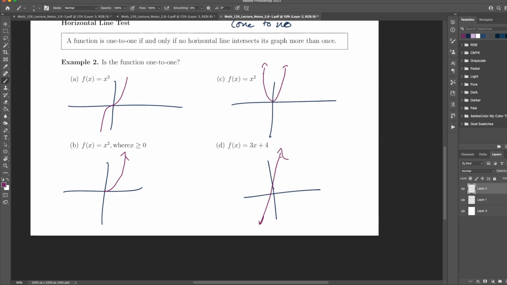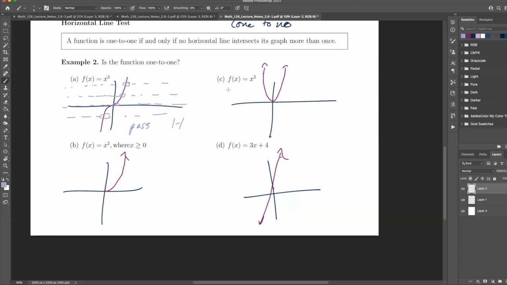Then we're going to do our test lines in this color. Here you just draw horizontal lines and see, oh yeah, that hits once. This hits once. This hits once. So this passes and is one-to-one.